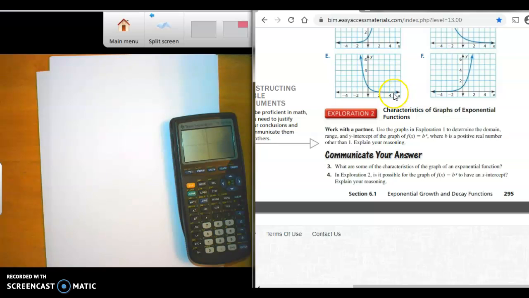At the x-intercept, the y value is 0, and 0 is not part of the range of an exponential function. The range is always greater than 0, so it won't touch 0.